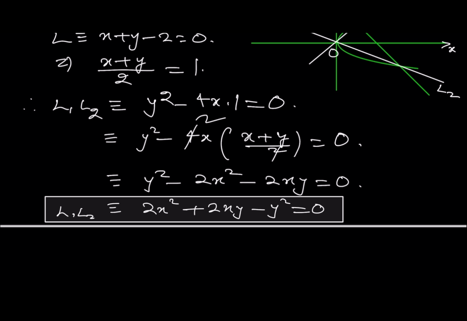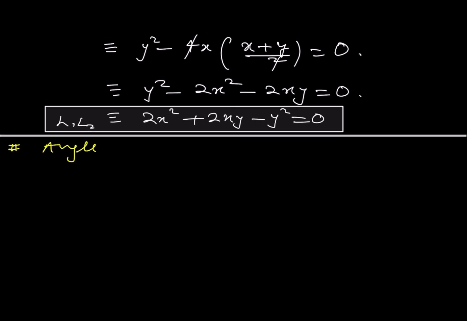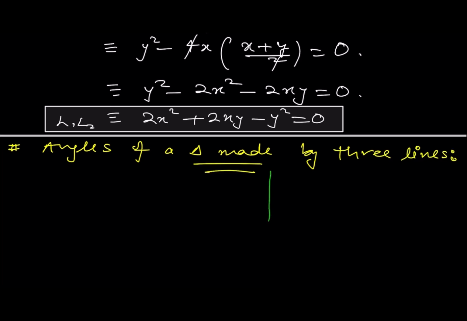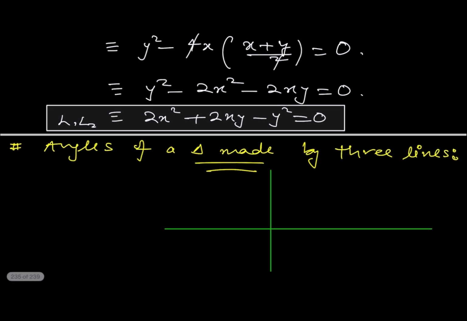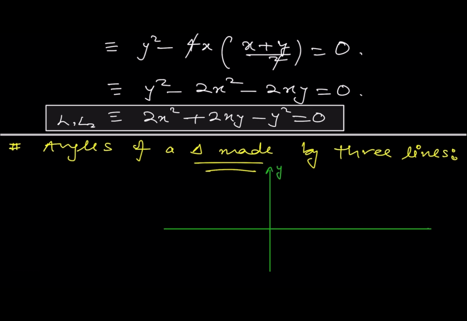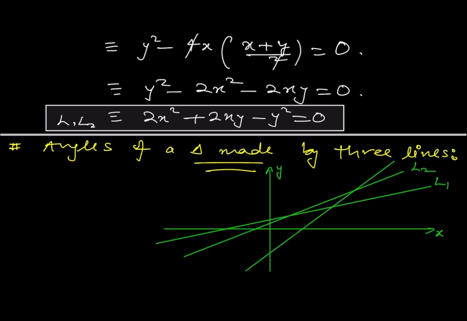So now come to the next topic, which is angles of a triangle made by three lines. So first of all, draw the figure. This is y-axis, this is x-axis. So this is L1, this is L2, this is L3.